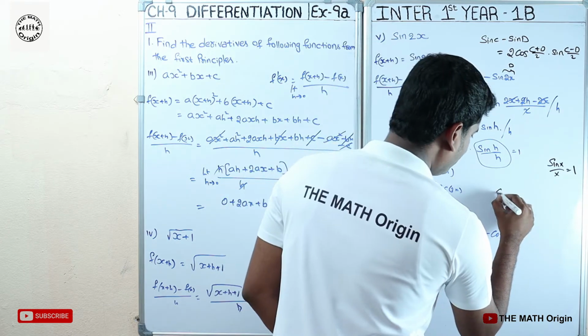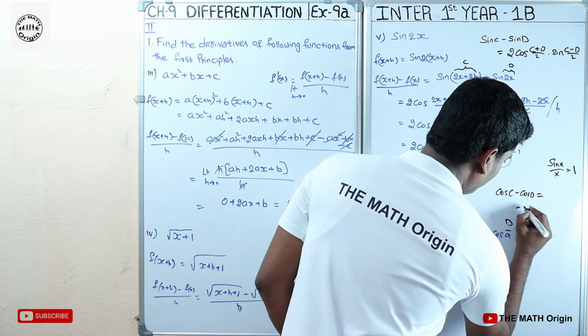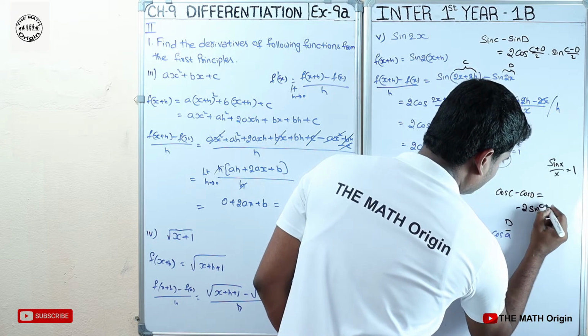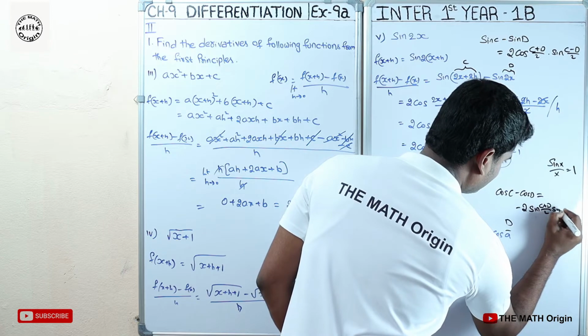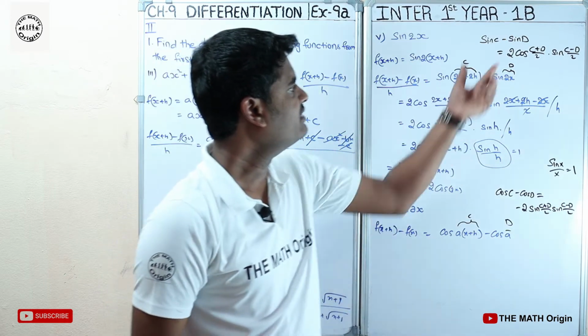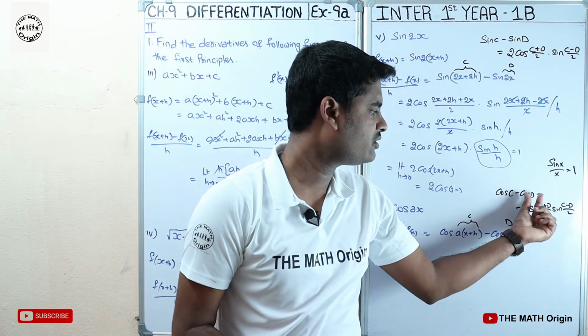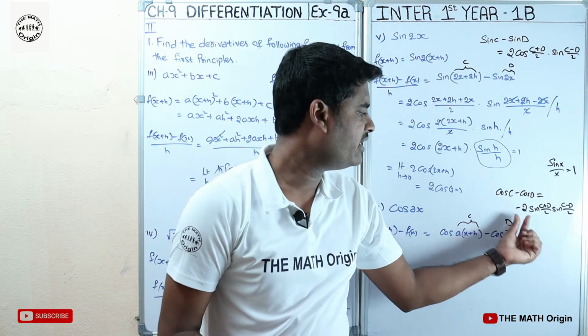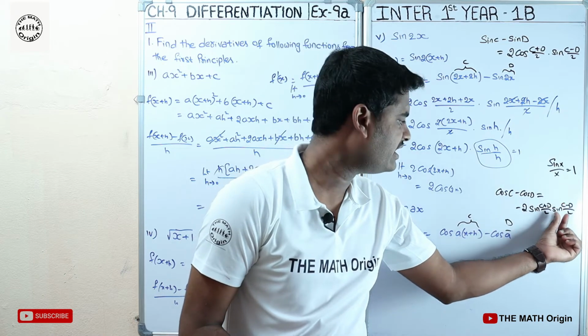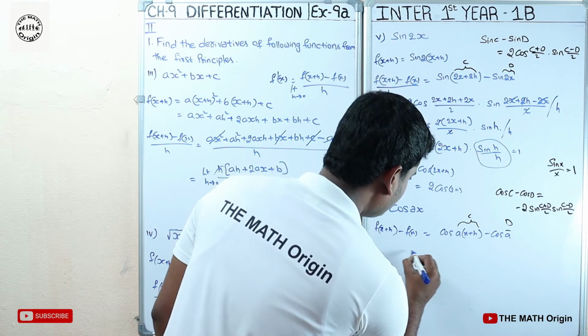We have the formula cos c minus cos d is equal to minus 2 sin (c plus d) by 2 sin (c minus d) by 2. Sin c minus sin d we had in the earlier problem. Now here we have cos c minus cos d, equal to minus 2 sin (c plus d) by 2 sin (c minus d) by 2. According to that, let's derive these values.